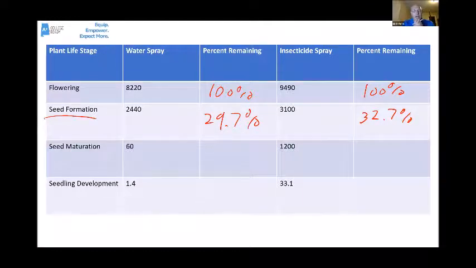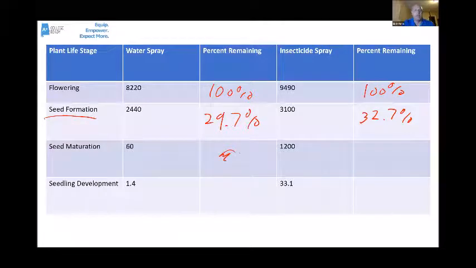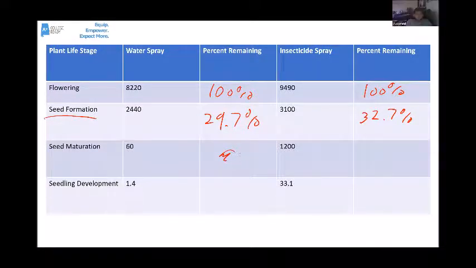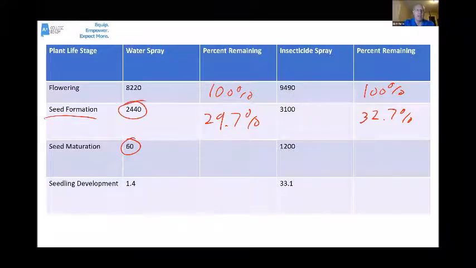What am I going to divide on the next row to fill in this box? Divided from the previous stage. Yeah, it says compared to the previous stage. So I'm going to take the 60 that I have here divided by what I had in the previous stage, 2440. So 60 divided by 2440.